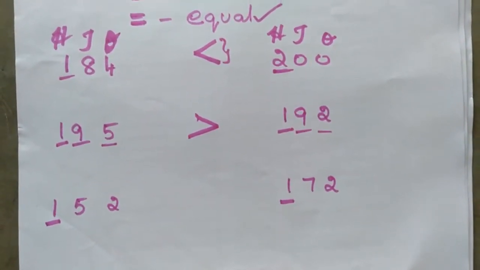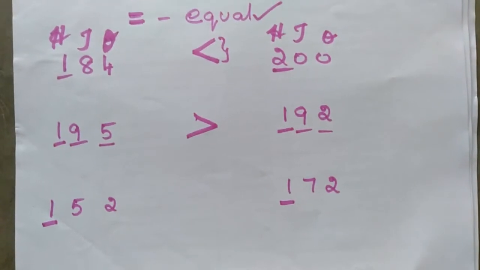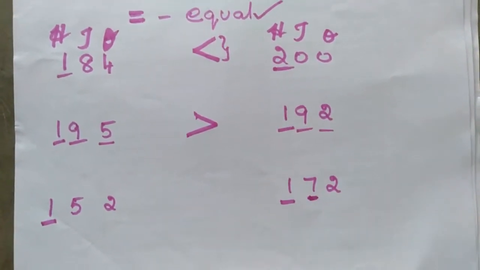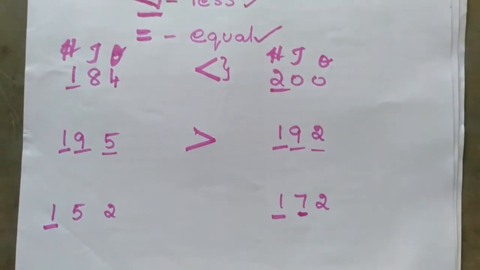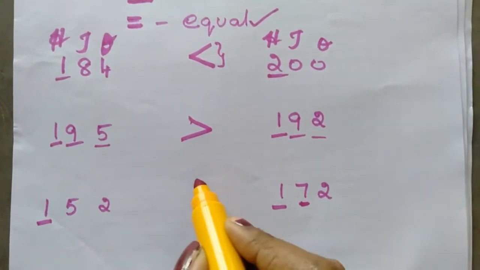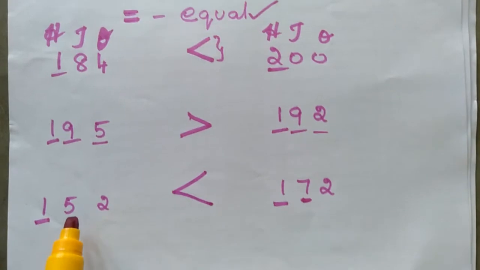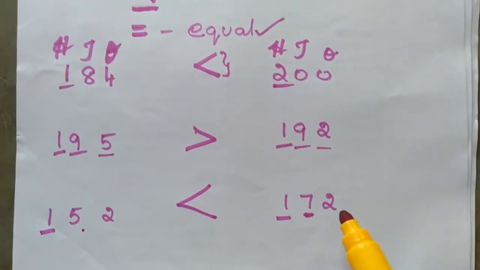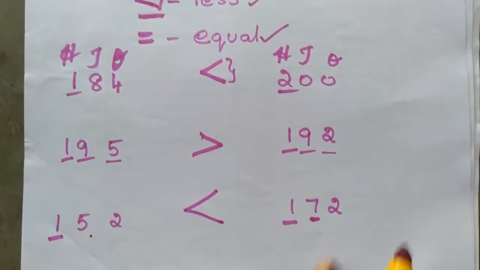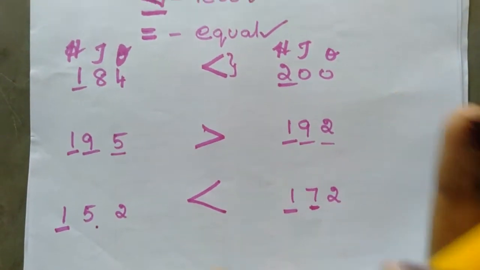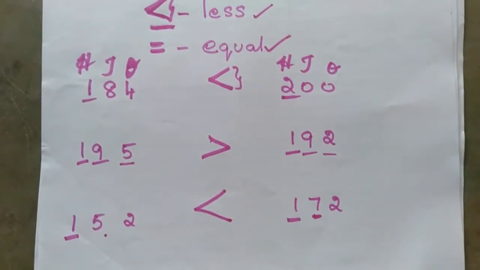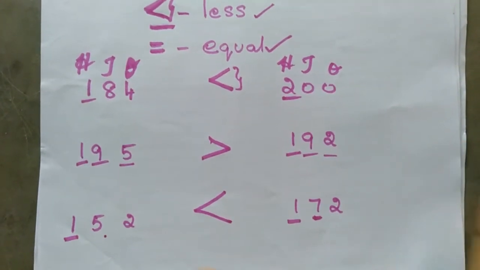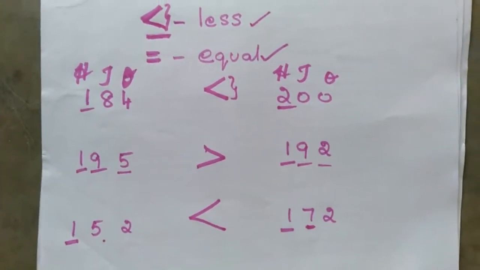Which is greater? 7 is greater. So 172 is the greater number. 152 is the smaller number, right? So the less than symbol, because this is less than, this is greater than. Always the greater sign will be the opening side. Understood? Now you understood, right?